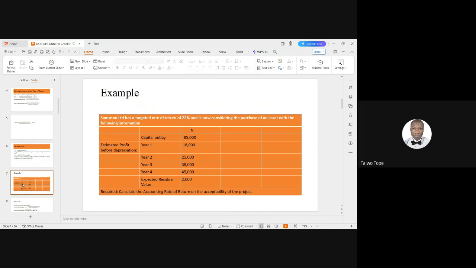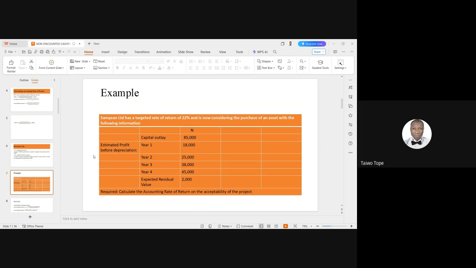So we have this example: Samsung Limited has a targeted rate of return of 22% and is now considering the purchase of an asset with the following information. The initial investment, which is the capital outlay, is 85,000 naira. The estimated profit before depreciation, take note of that word, before depreciation.